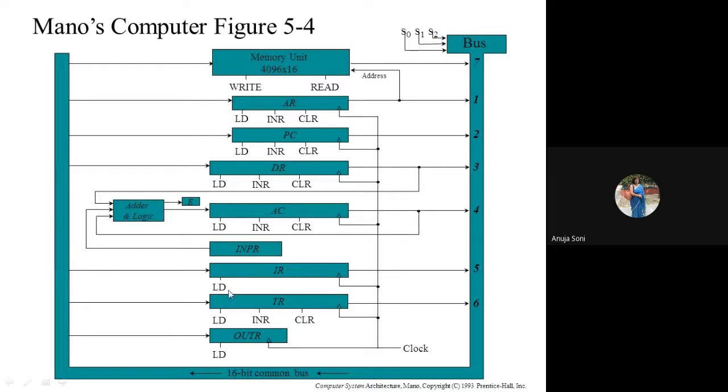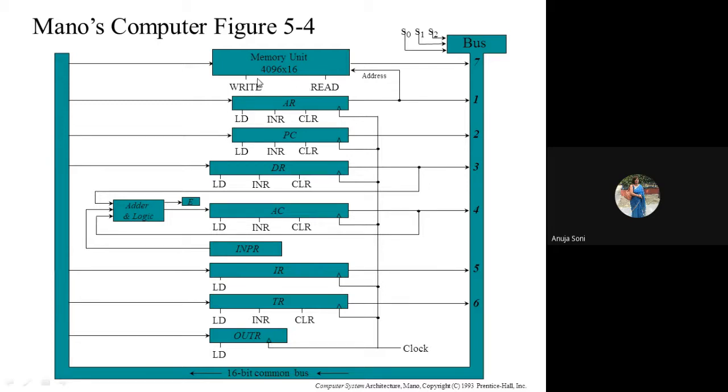So the values of S0, S1, S2, as well as the write and read signals written below the memory unit, as well as the LD, increment or clear signals written below all these registers, all this basically comprises your control signals. So in your third question, the vice versa problem is given, means values of all these control signals are given. So by observing the values of control signals, you have to tell which kind of data transfer will take place in the context of connections given in the common bus diagram.